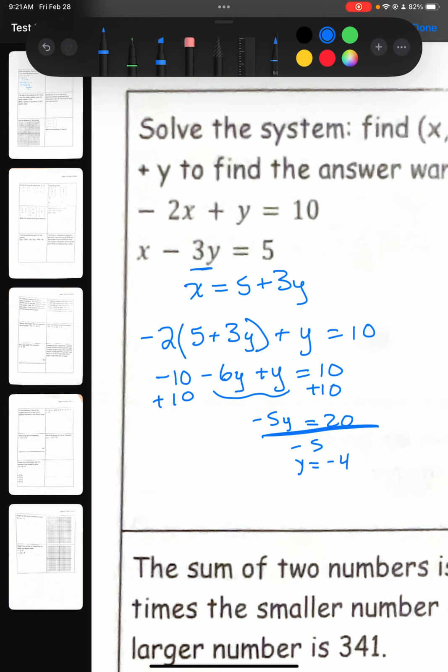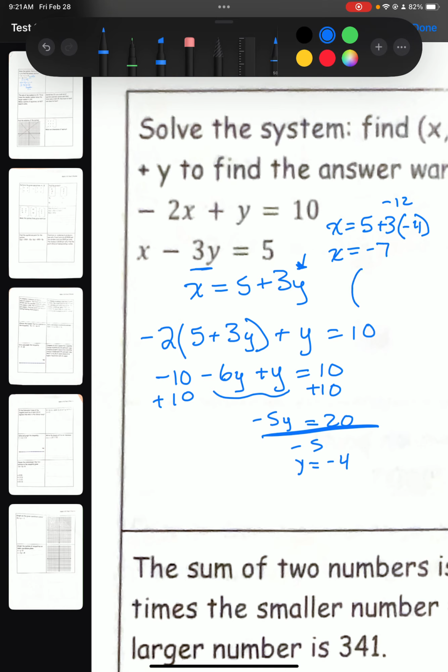And then you can plug that into our equation here. So then we have x is going to equal our 5 plus 3 times y, which now we know is negative 4, or at least we'll hope that's the right answer. And then we have x equals 5 plus 3 times negative 4 is negative 12. Negative 12 plus 5 is negative 7.